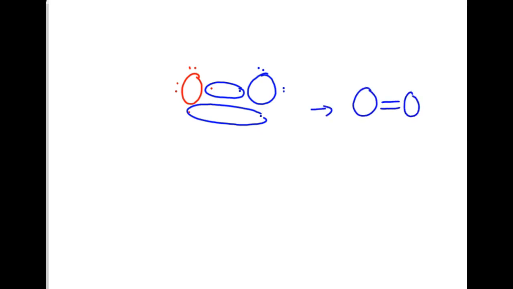For each pair of electrons that are being shared, we show one bond or line. Each line is equivalent to 2 electrons being shared. Because there are 2 lines between oxygen atoms, we refer to this as a double bond.